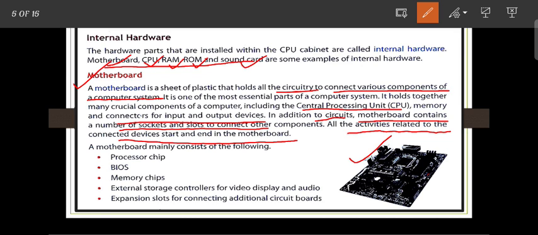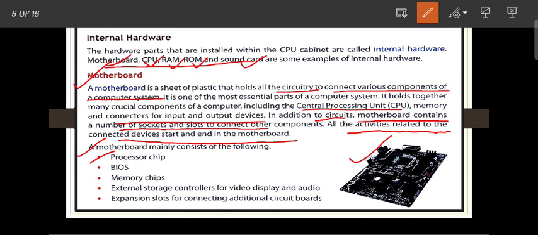So the motherboard has different types of sockets and slots to join the different types of hardware, like keyboard, mouse, hard disks, monitor, etc.